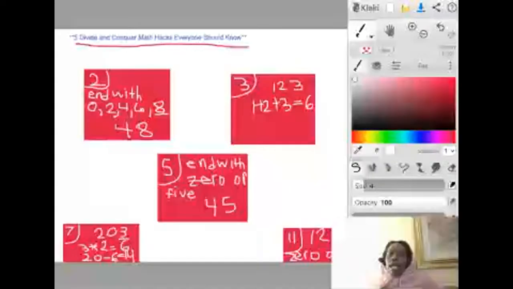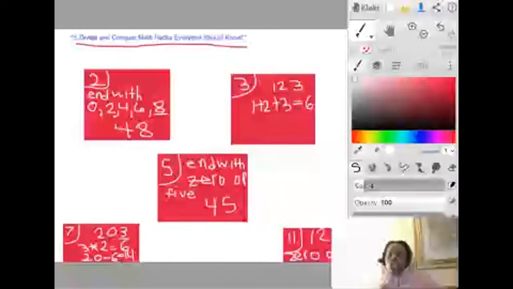There's this hack I really want you to understand and notice when working with factors.